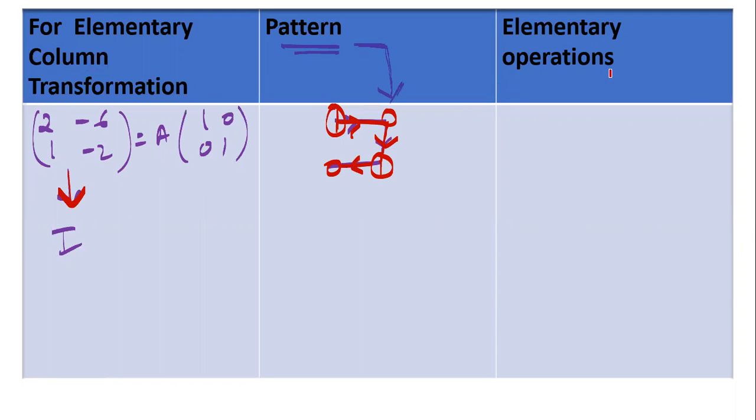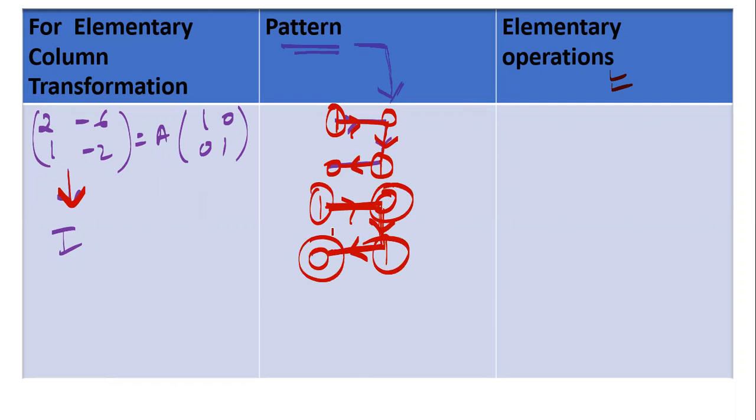And what are the elementary operations? This is the pattern, 1 0 1 0, like a horizontal U. What are the elementary operations? Number 1, we can interchange columns with each other. Number 2, we can multiply any column by a non-zero constant.